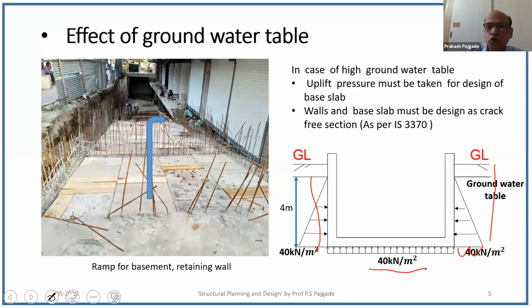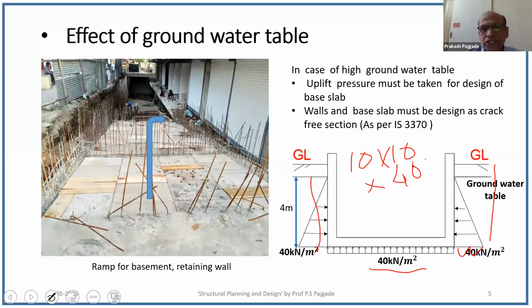So, if I consider 10 meter by 10 meter size of basement, then area will be 10 meter by 10 meter, that multiplied by uplift pressure of 40 kilonewton per meter square. So there will be uplift force of 4,000 kilonewton, that is 400 ton.